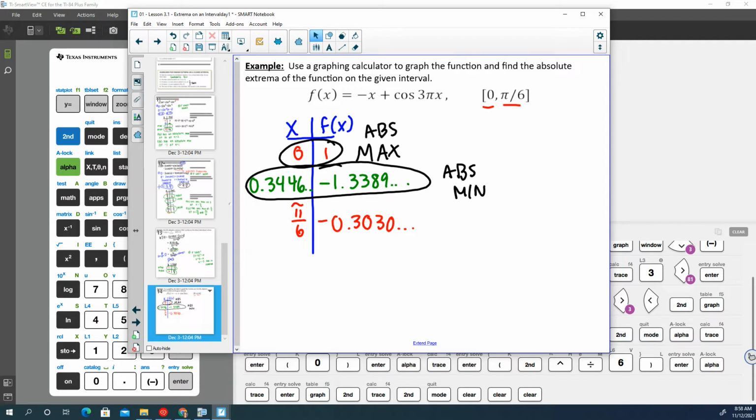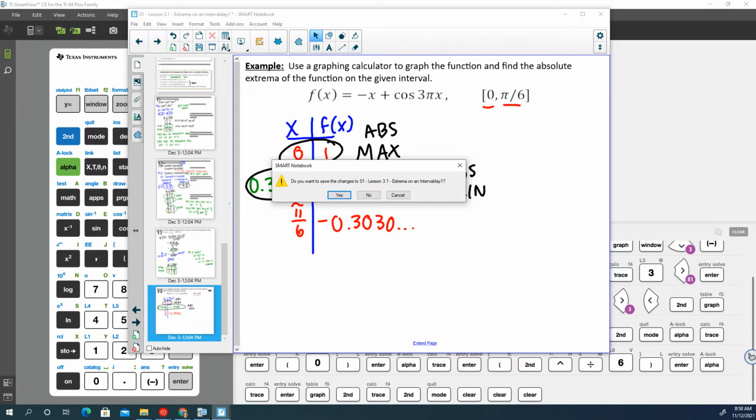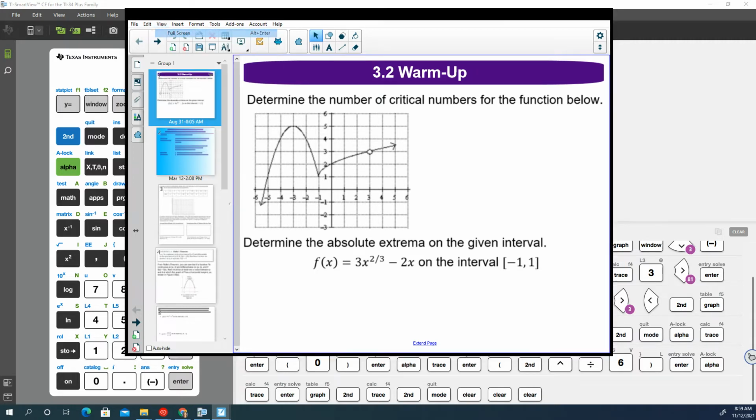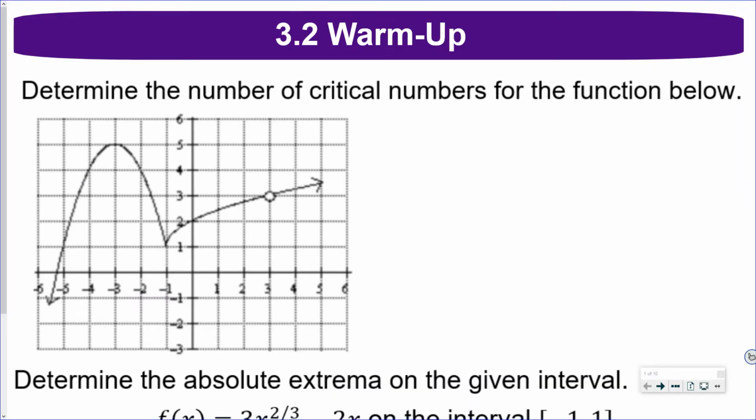Yay. All right, I'm going to pass up the 3.2 notes. Say a little warm up for you to do. One graphing of just determining the critical numbers. One algebraic, where I want you to find the absolute extrema.